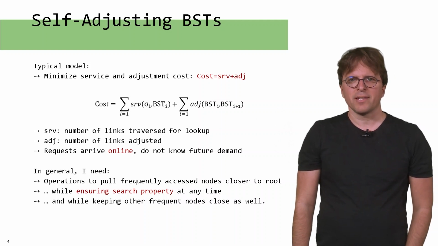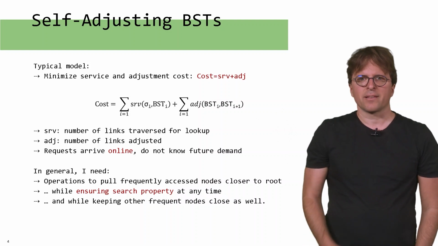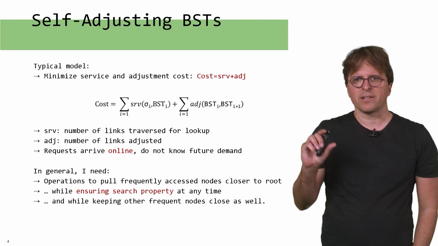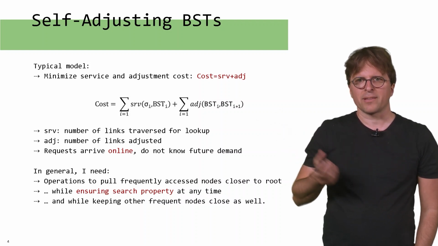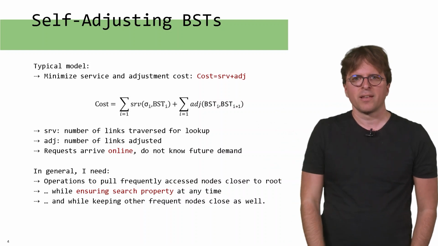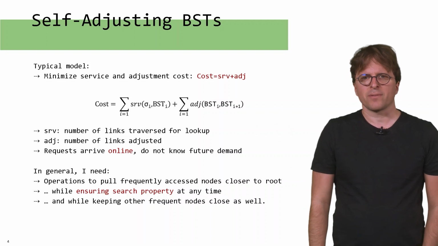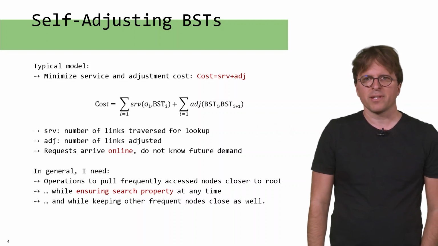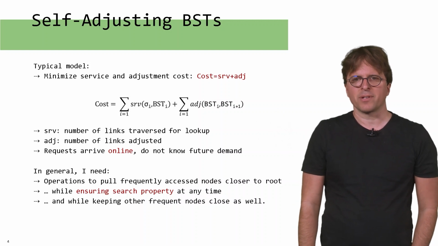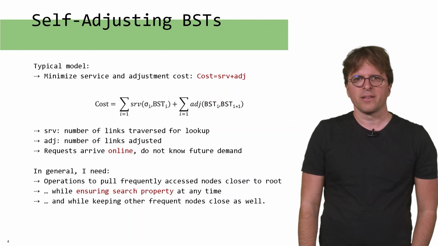So what we need to build a self-adjusting binary search tree is operations that can actually change the binary search tree so that the nodes that are frequently accessed, we can move them closer to the root. And we also need to make sure that these operations always maintain the search property so that we are still able to find the nodes or the items or keys in a greedy manner in the BST.